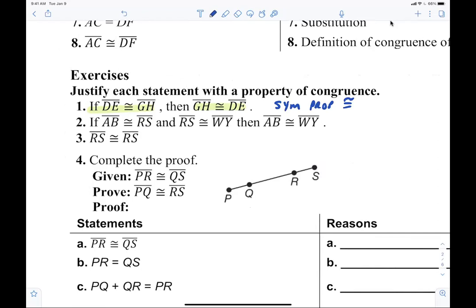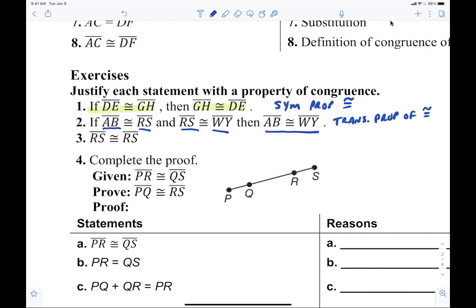Okay, so number two, if AB is congruent to RS and RS is congruent to WY, then why is AB congruent to WY? That's called the what? Transitive property of congruence.